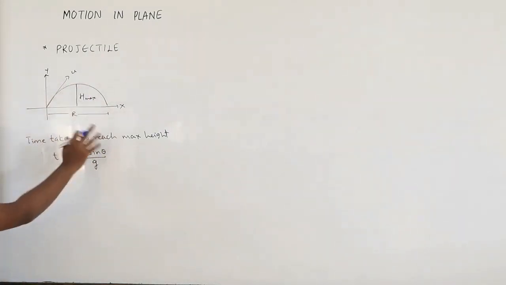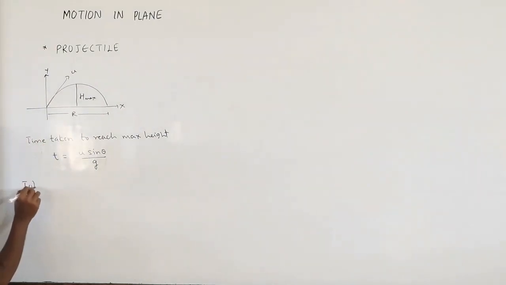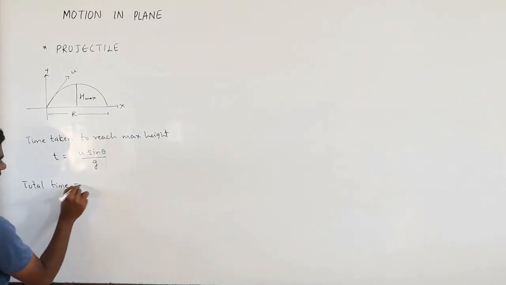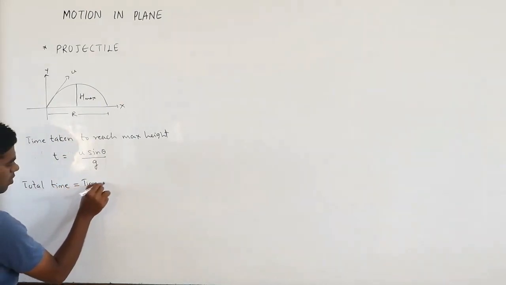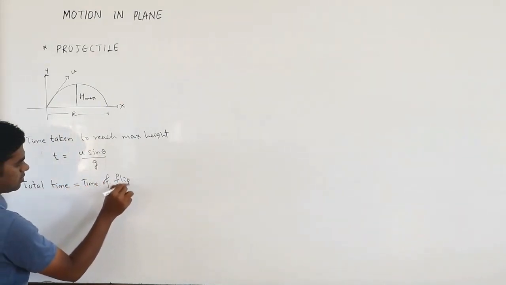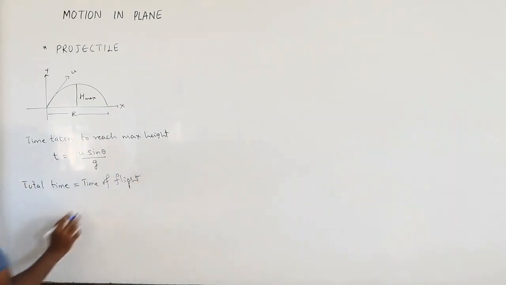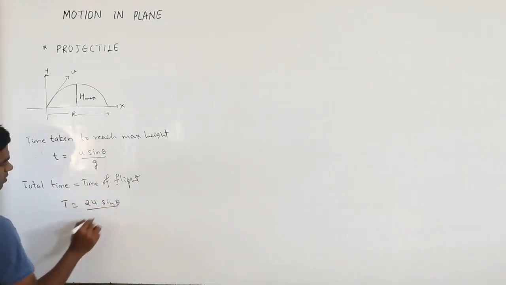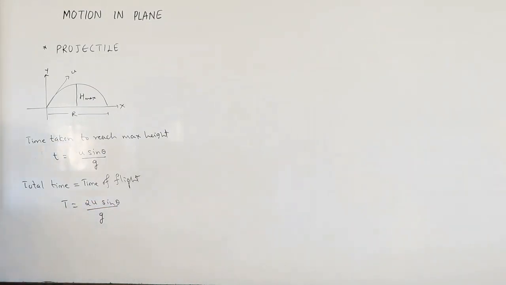Then what is the total time taken? So total time, or you can say time of flight. We have derived the formula for that: T equals 2 times this one, 2u sin theta divided by g.